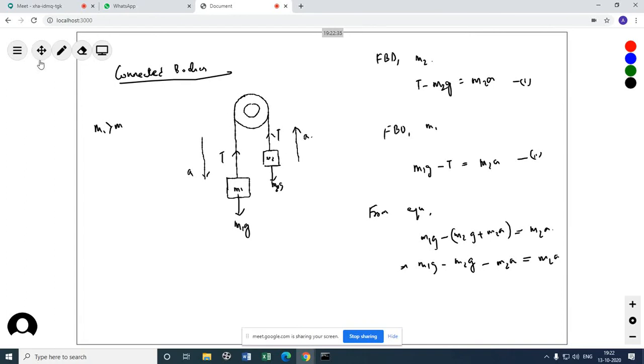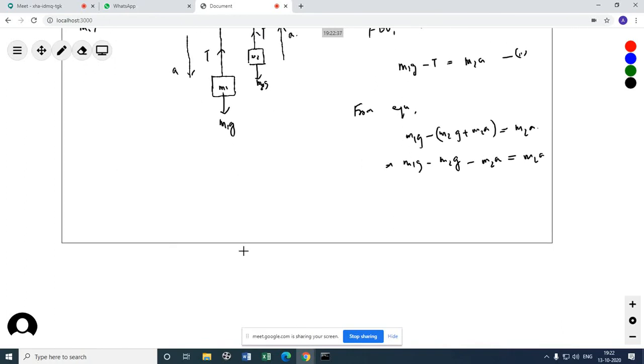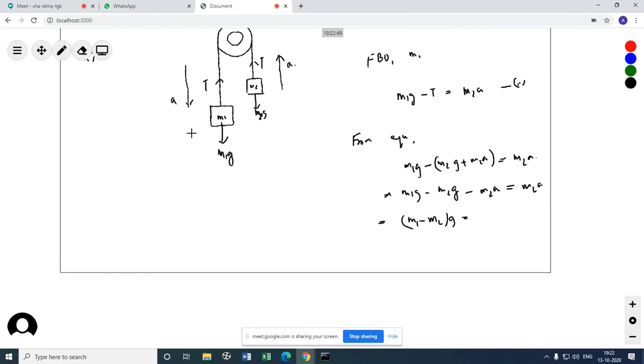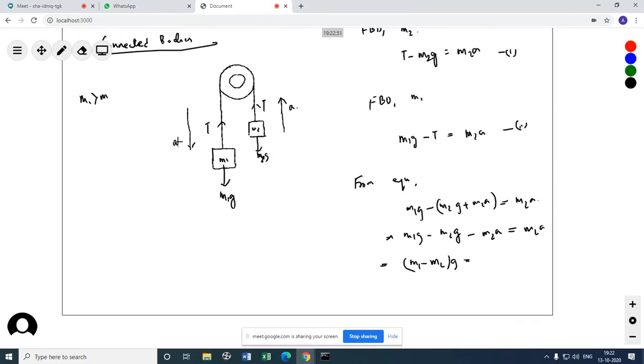So what do we get here? I can take M1 minus M2 times G is equal to, what will I get here? I think I have made some mistake here. Oh, this is M1, not M2.